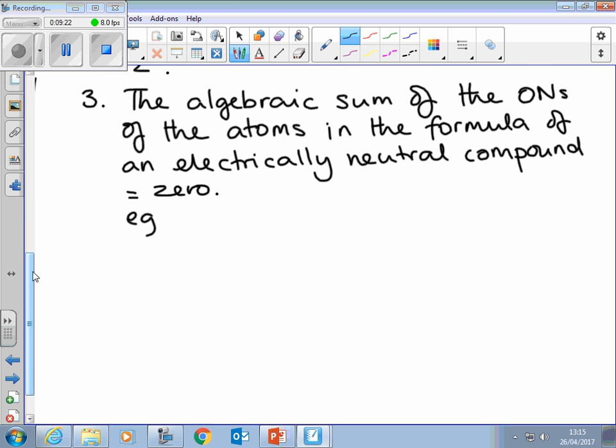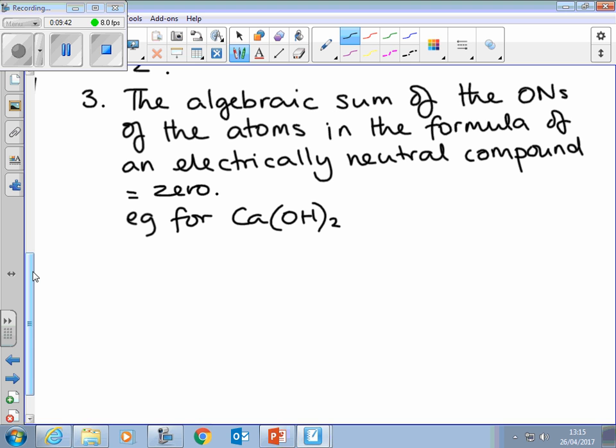I'll give you an example that I just happen to have here. For example, the one we've got here is calcium hydroxide. The algebraic bit in the description is really referring to the fact that we've got a 2 after the bracket, so you have to multiply it all by 2 there.